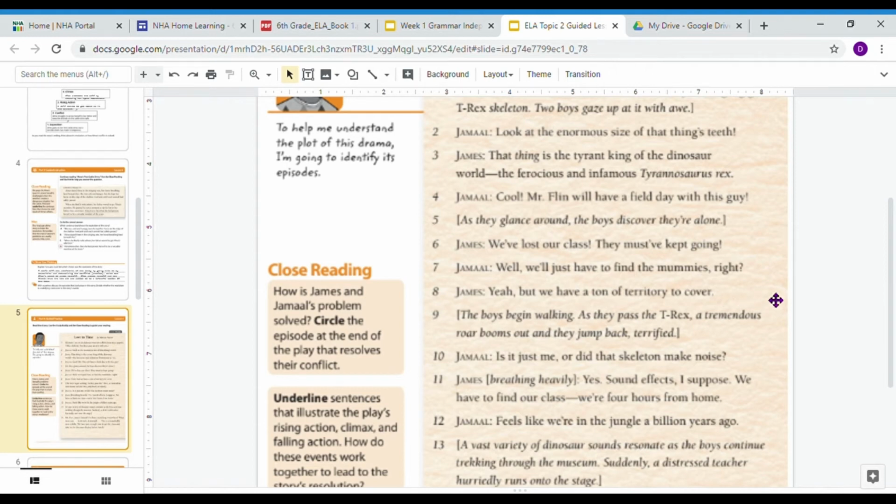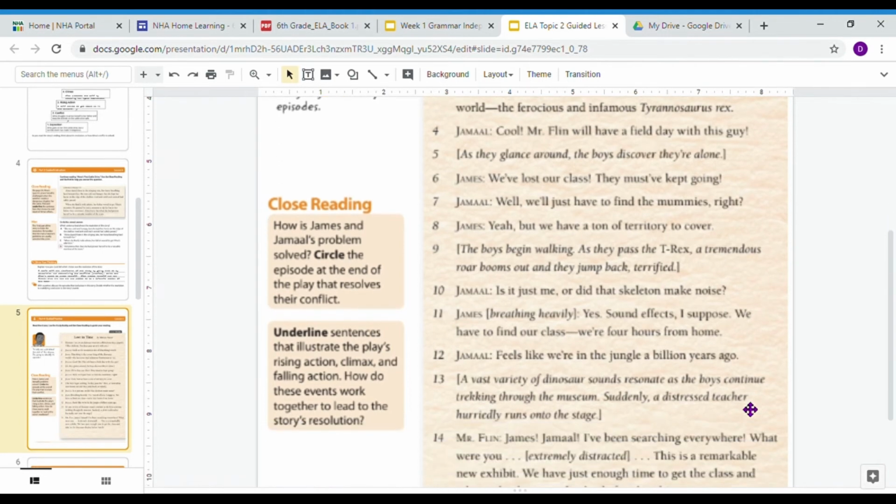The boys began walking. As they pass the T-Rex, a tremendous roar booms out and they jump back terrified. Jamal says, "Is it just me, or did that skeleton make noise?" James, breathing heavily, "Yes, sound effects, I suppose. We have to find our class. We're 4 hours from home." Jamal says, "Feels like we're in the jungle a billion years ago."